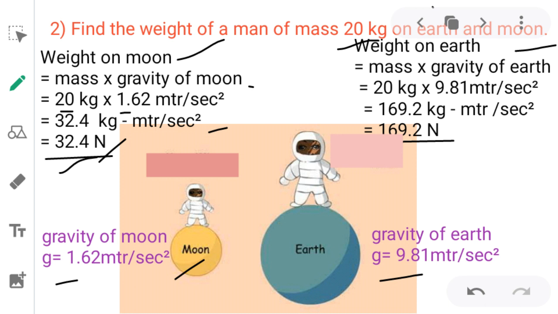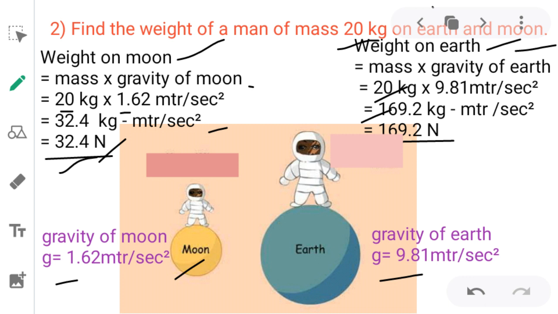Let's find the weight of man on Earth. Weight of man on Earth is equal to mass into gravity of Earth. Mass is common, it doesn't change, that is 20 kg into 9.81 meter per second square, the acceleration due to gravity of Earth. Multiply the numbers, we get 196.2 kg meter per second square.